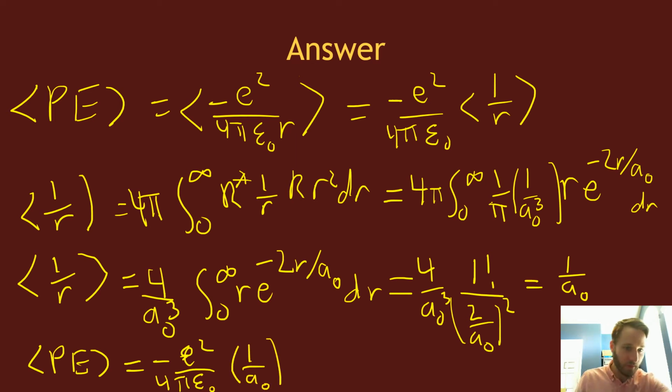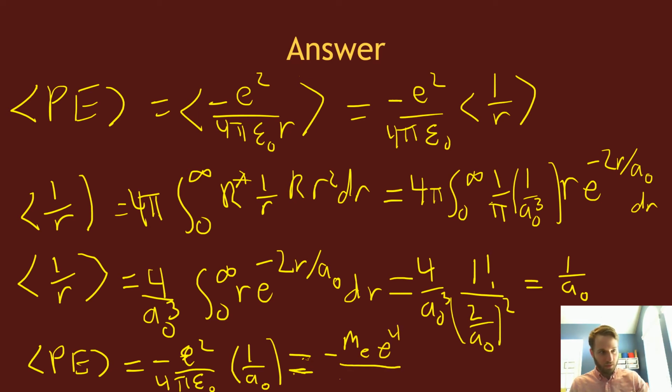If you then plug in for what a naught is, which is a bunch of junk that we can look up on the previous slides, a factor of h bar and so on, this simplifies down to negative mass of the electron times charge of the electron to the 4th power over 4 h squared epsilon naught squared.